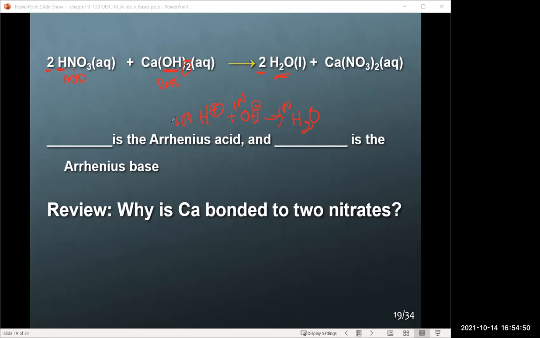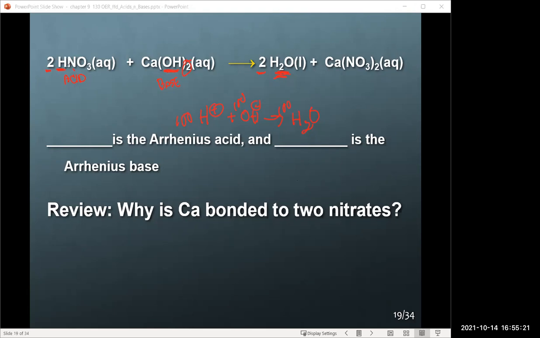This is a real important thing to remember because we're going to be talking about balancing chemical reactions. In other words, if I start off with 10 hydrogens in my reactants, I need to end up with 10 hydrogens as my products. And for this particular case, if we follow the protons and the hydroxides, we automatically balance the waters, and the corresponding salts just fall in place, and we have a balanced chemical reaction.